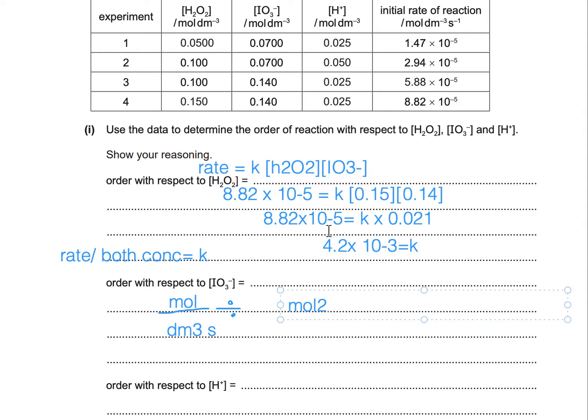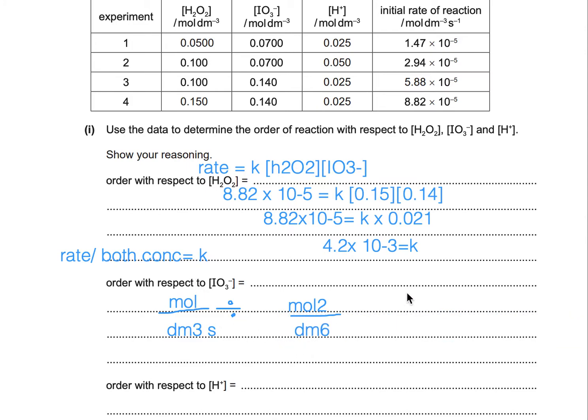So we write dm minus 6. Now if we write this like we did in rate, we write dm 6 over here.